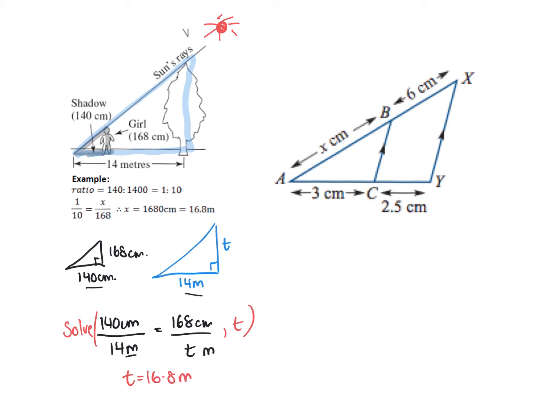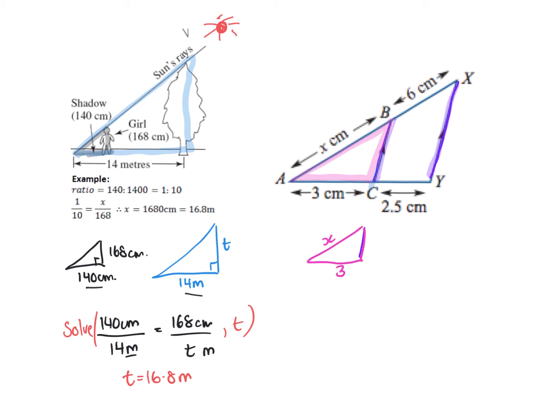Okay, now this next one, because of these parallel lines along here, it sets up similar triangles. What I'm going to show you is, say we've got this little triangle in here. If I draw that one first, the little triangle, and say that's x, that's 3.